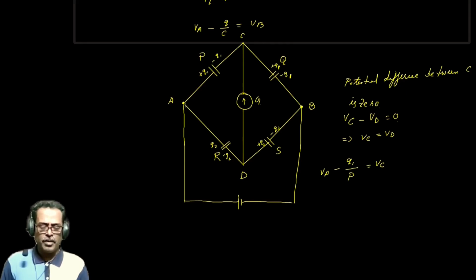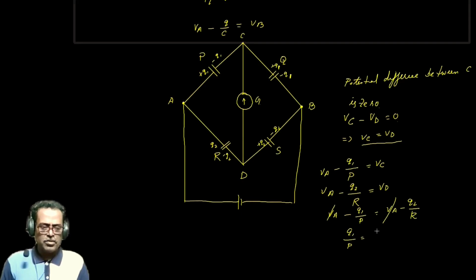Again, if we move from A to D, then VA minus Q2 by R is equal to VD. But VC is equal to VD. Therefore, VA minus Q1 by P is equal to VA minus Q2 by R. VA cancels. Therefore, Q1 by P is equal to Q2 by R, so Q1 by Q2 is equal to P by R.